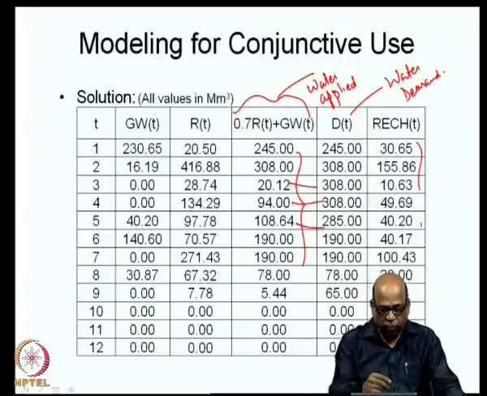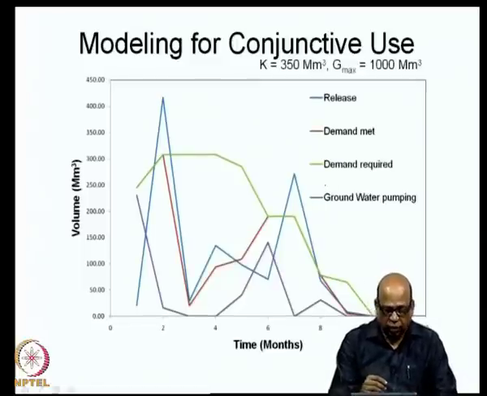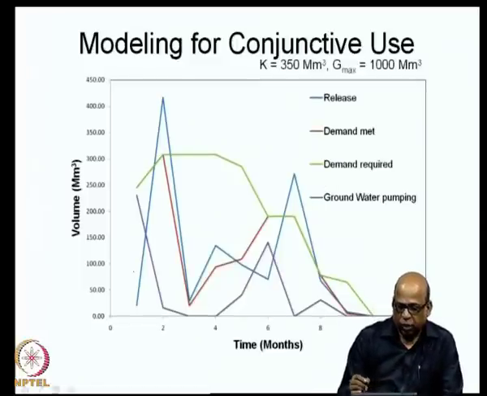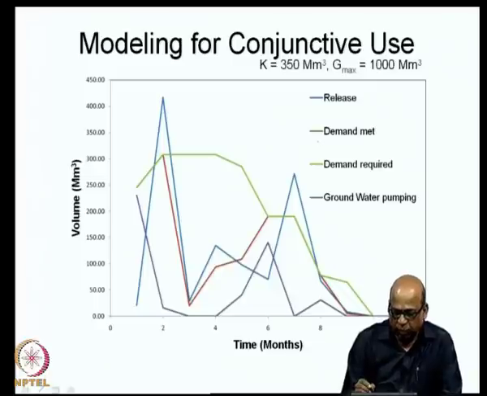So, typically from such a solution you get an idea of what kind of demands are met. For example, you look at this red line here, this is the demand pattern, and anywhere else which is not seen, it coincides with the green level. Green is demand required.